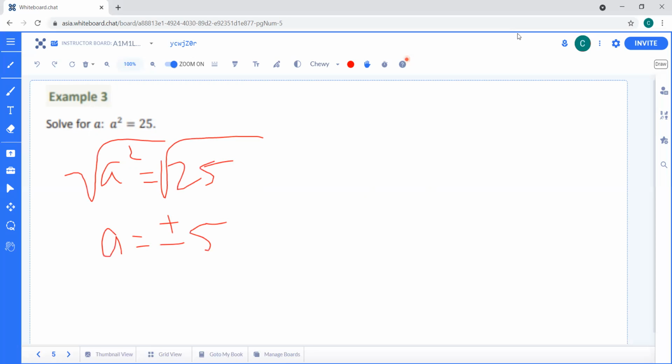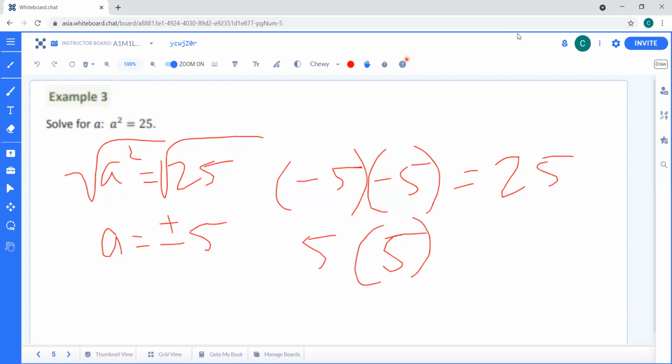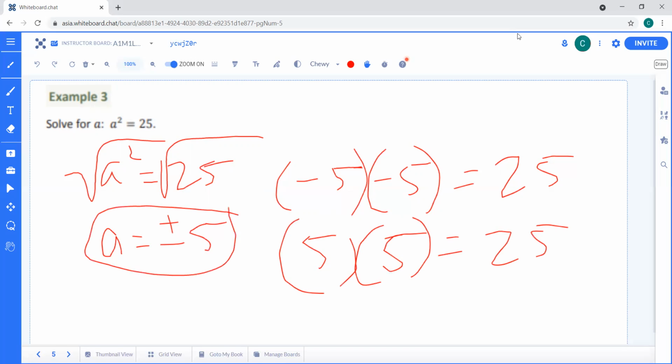You say, well, how's that true? -5 times -5, that's a positive 25. Same thing for 5 times 5, that is also equal to 25. So a would have to be plus or minus 5, because if you square a -5 or you square a positive 5, you get 25.